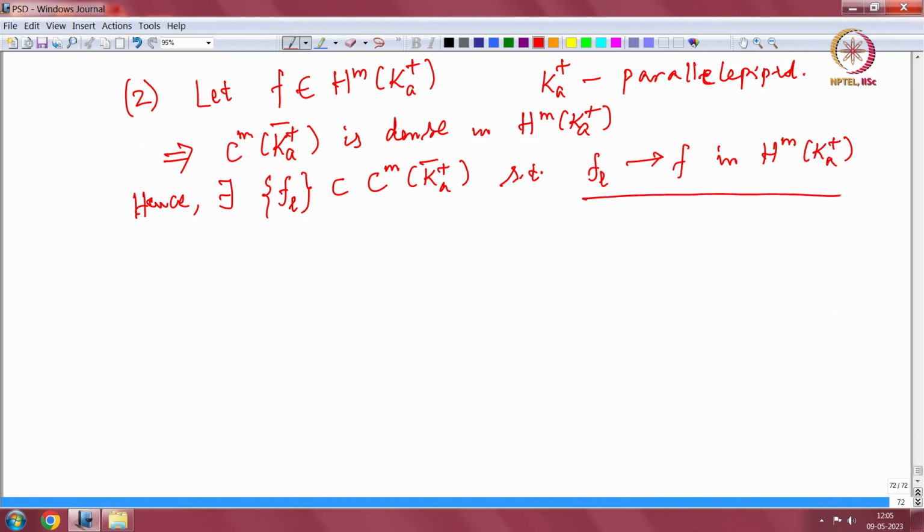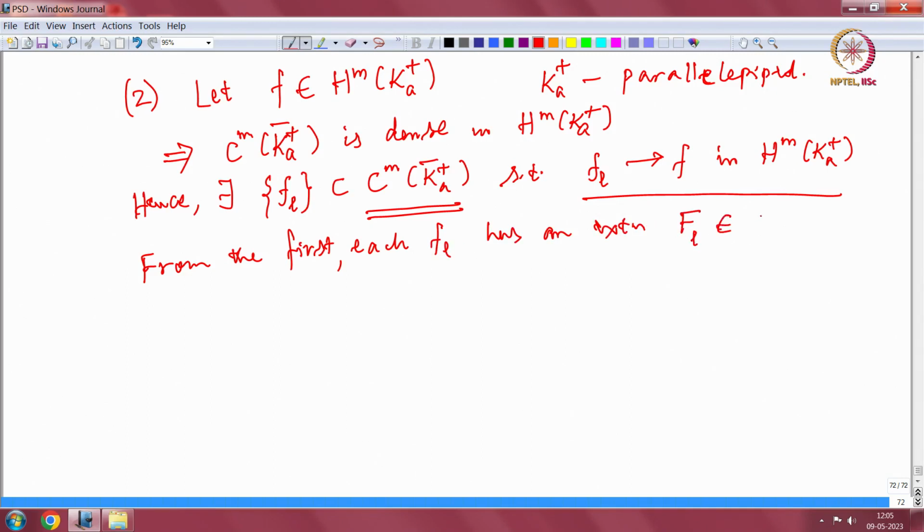Okay. And now since each FL is a smooth function in Cm Ka plus bar, from the first part, each FL has an extension big FL in Cm K bar.